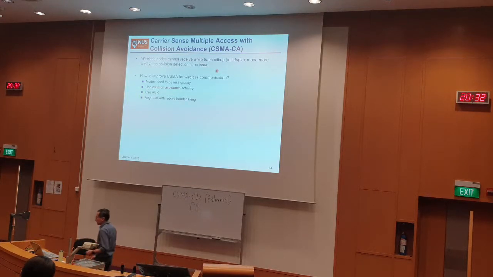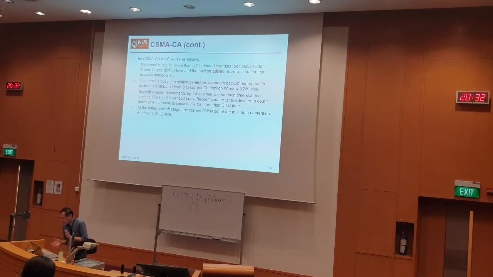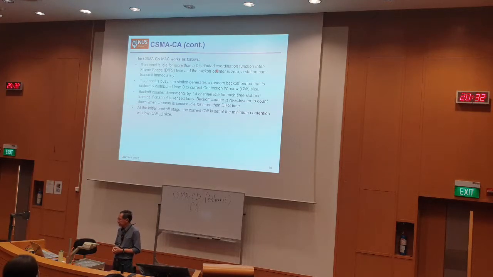So how does this work? Okay, a lot of words, I'll try to simplify it. Basically what happens is this. You got data to send, and you listen to the channel. It's free. But you don't send immediately.